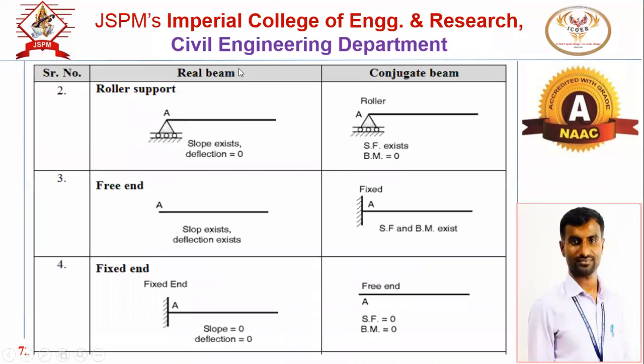Okay. Similarly, the roller support will also remain the roller. काही चेंज होणार नाही. म्हणजे simply supported beam जर असेल, हा असेल hinge आणि हा असेल roller. So conjugate beam काय असेल याचा? मग हा hinge support आहे आणि हा roller आहे, this is the real beam. So what about the conjugate beam? Conjugate beam काय असेल, same असेल की different असेल?